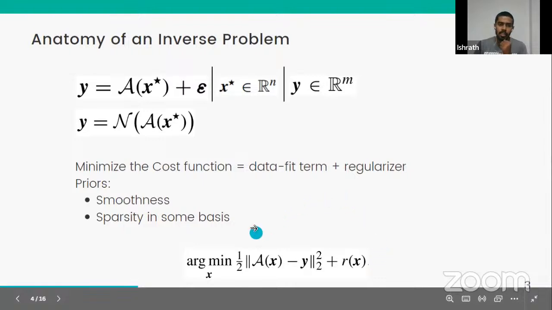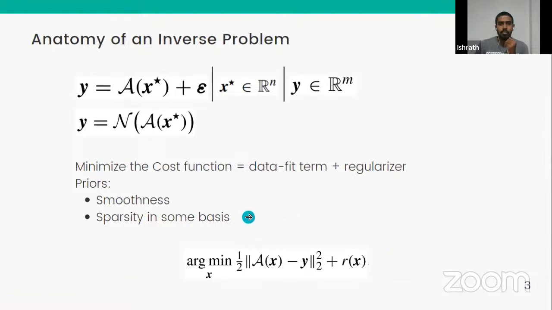For example, if we have prior knowledge that our ground truth image is sparse in a wavelet domain, we can design the regularizer with the L1 norm of the ground truth image in the wavelet basis.